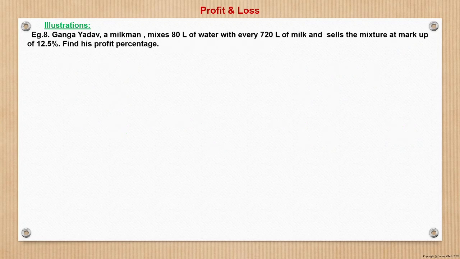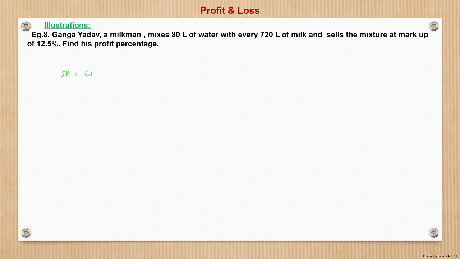Now another problem of, I believe, a similar nature. Here it says that Ganga Yadav, a milkman, mixes 80 liters of water with every 720 liters of milk and sells the mixture at a markup of 12.5%. Find his profit percentage. So the same concept we will use here.